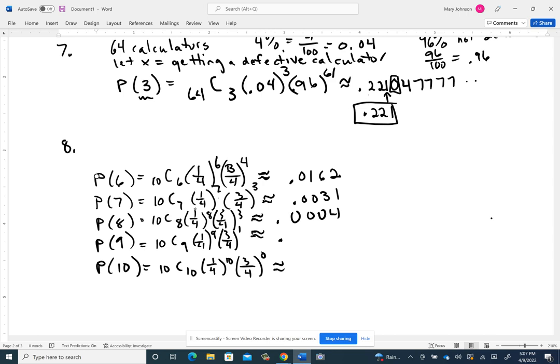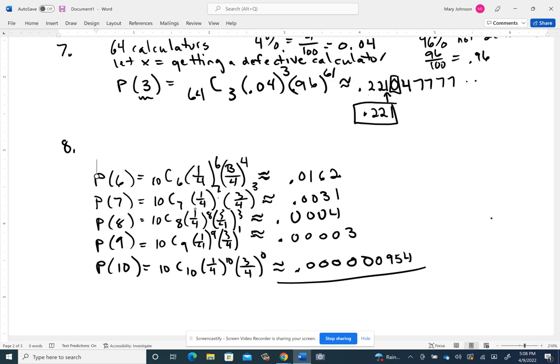And then for 9, 0.000. I kept a little more accuracy so that it wouldn't round to be 0.004. And then the last one I kept a lot. It was 0.000, then 4, 5, 6, 5, 1, 2, 3, 4, 5, 6, and 9, 5, 4.